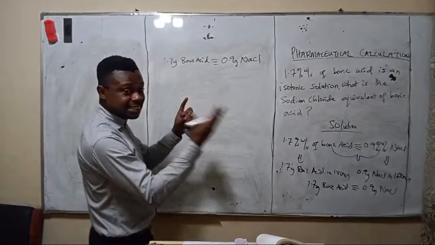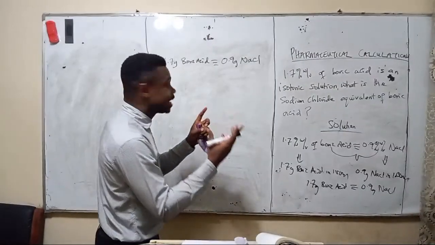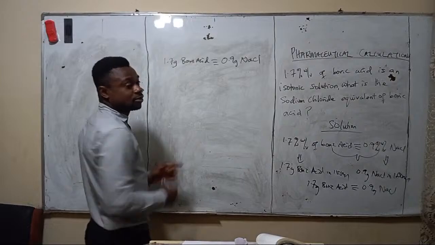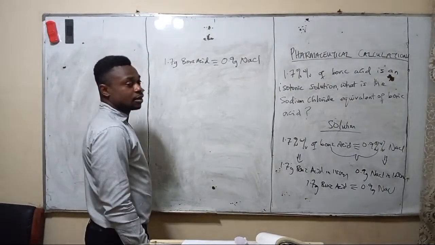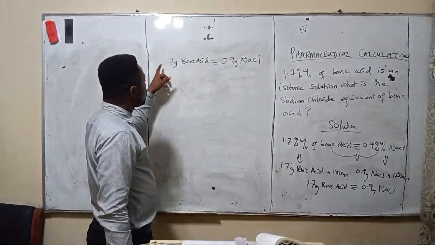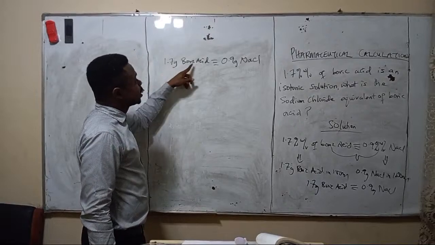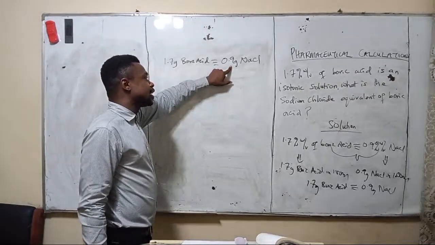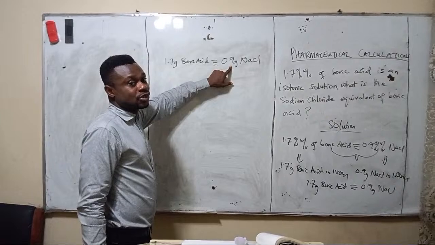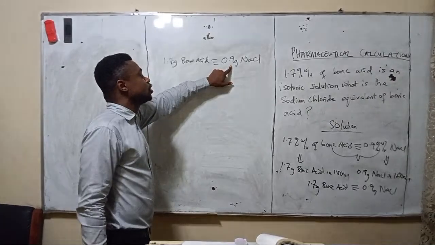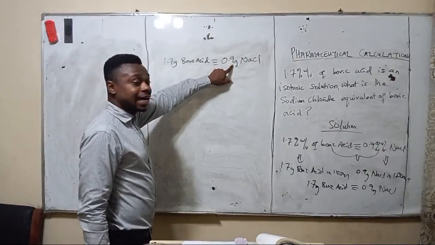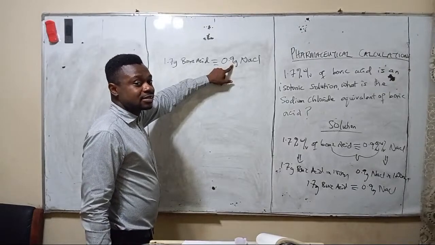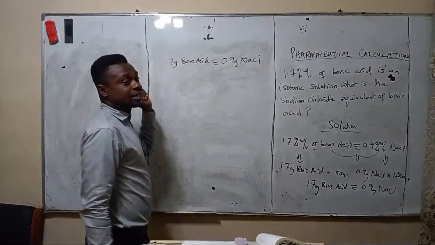Now let's bring this definition to the equation. Here, 1.7 gram of boric acid is equivalent to 0.9 gram of sodium chloride. They have the same tonic effect. But this 0.9 gram of sodium chloride is not the sodium chloride equivalent of boric acid.